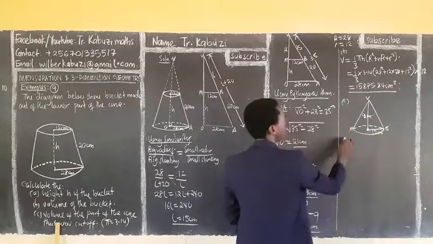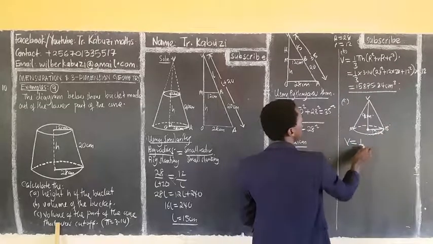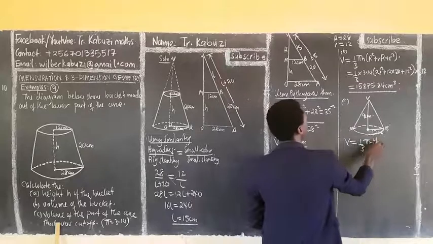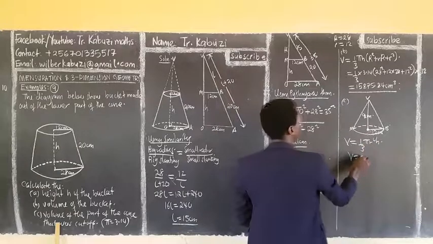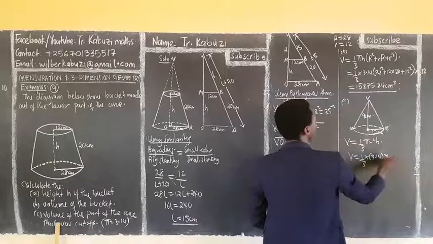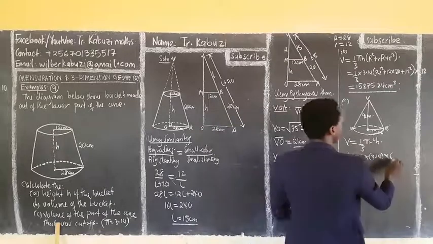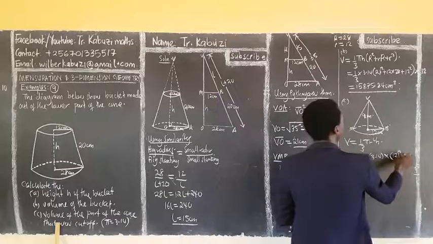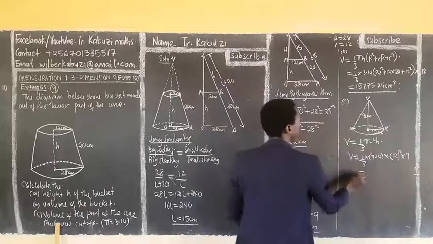Now you know that the volume of a cone is a third by pi r squared h. Our volume is going to be a third times 3.14, times the radius, which is 12 squared, then times the height, which is 9.